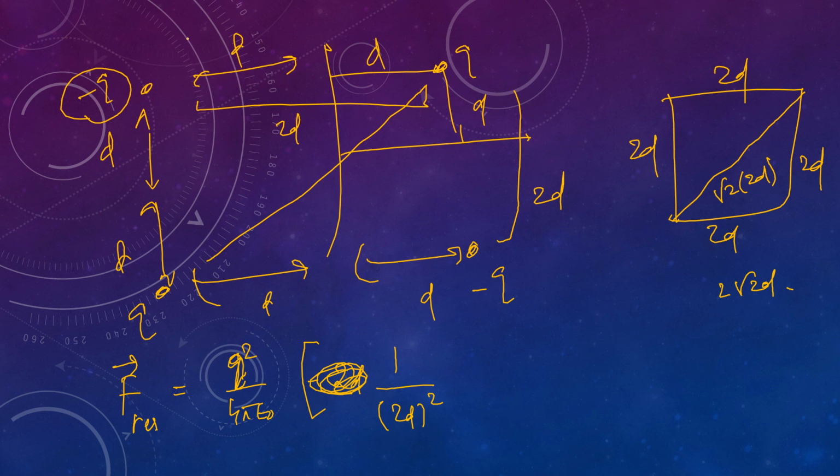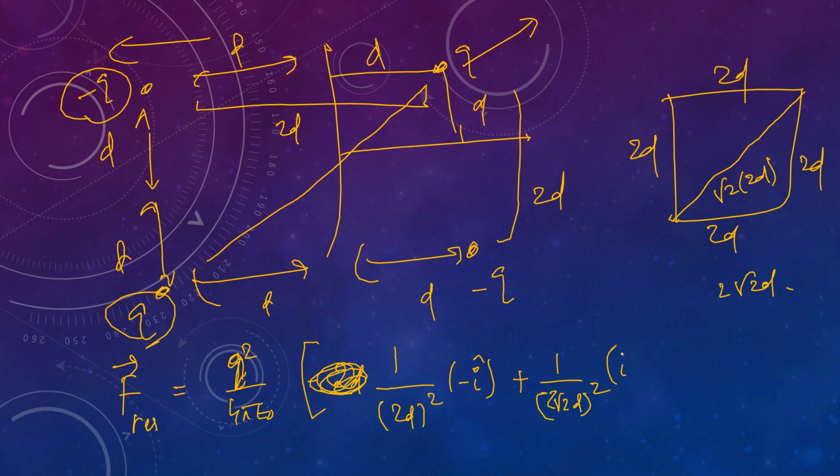The force between them will be in this direction, towards negative, so minus i cap. Plus for this one, 1 by 2 root 2 d whole square, force direction will be outwards like this, that will be i cap plus j cap. For this one, plus 1 by 2d square, the force direction will be downwards, so minus j cap.